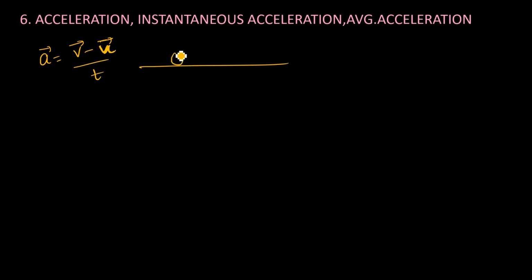Normally if you consider acceleration, A bar equal to V bar minus U bar by T. Normally if the body is moving on level road, initially the body velocity is U. After certain time, the final velocity of the body is V. So the acceleration of the body is final velocity minus initial velocity by time taken.